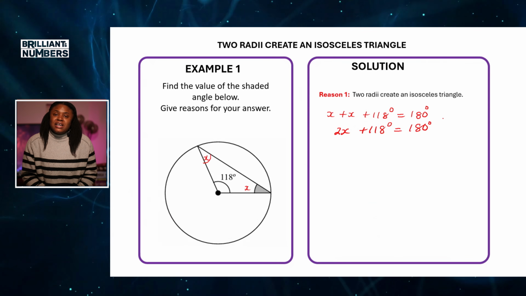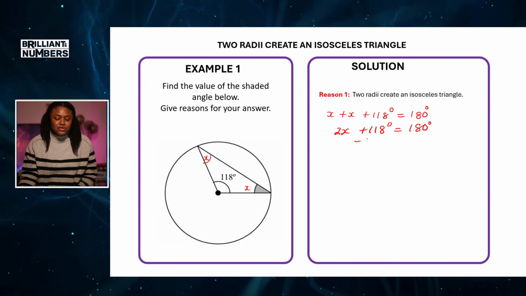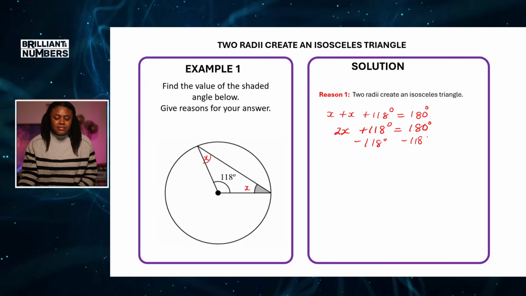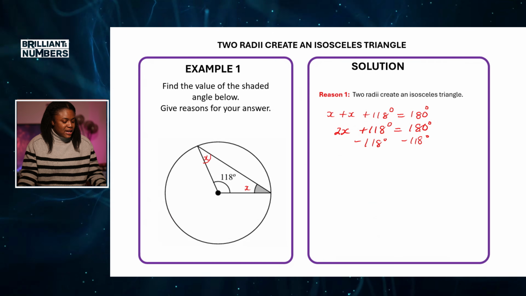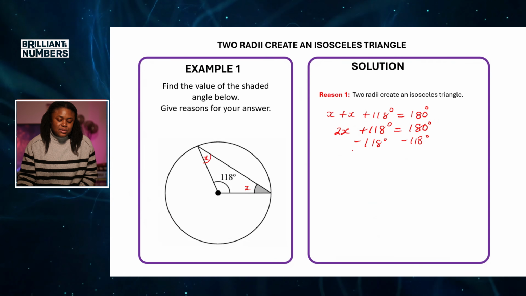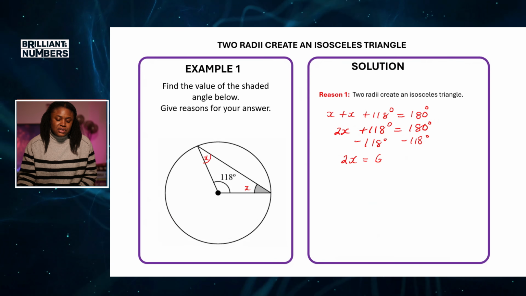So we're going to do our inverse operation. So what I need to do here is to subtract 118 degrees from both sides. So I put that in my calculator to make sure I'm correct. So take away 118, and that gives me, so 2x then will be equal to 62 degrees.